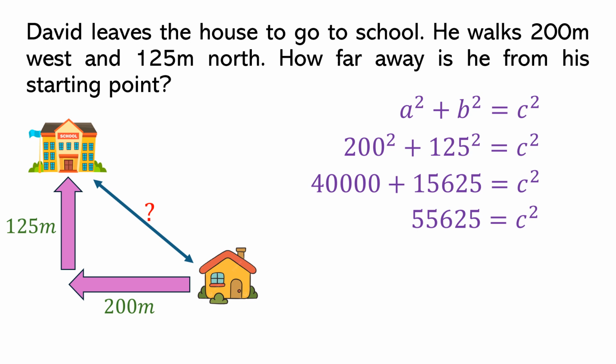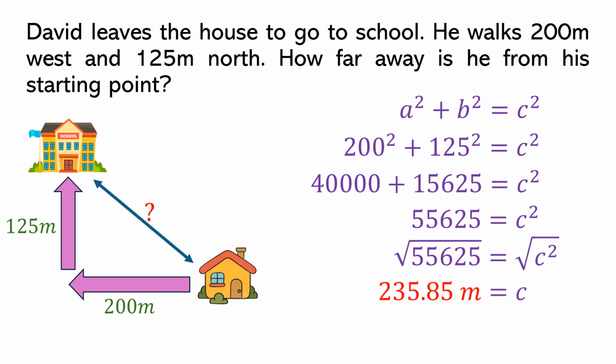Now we still have a square on c, so we're going to take the square root of both sides, which is the same as the previous example. So that the square of c will be gone, since we take the square root of it, and take the square root of 55,625. So it will be 235.85, and then put the unit, meters.